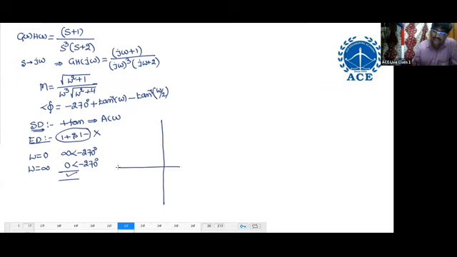So it starts at minus 270 and ends at minus 270 only. The direction is anti-clockwise, this side. So this is omega 0. It moves in the anti-clockwise direction, but ends at minus 270.